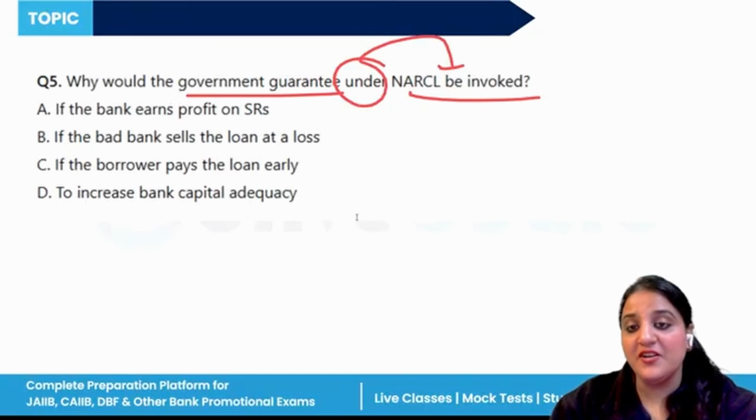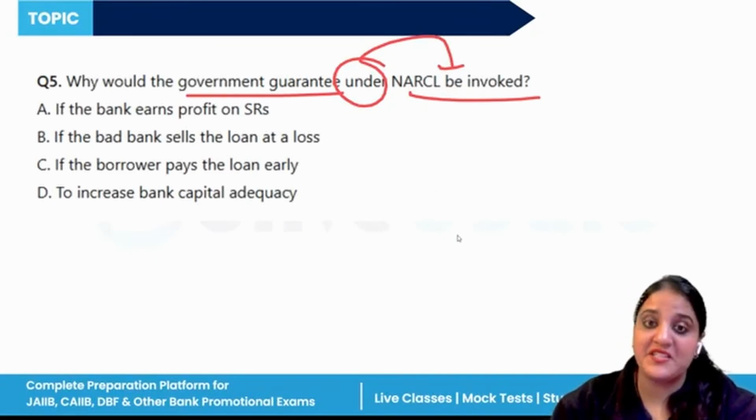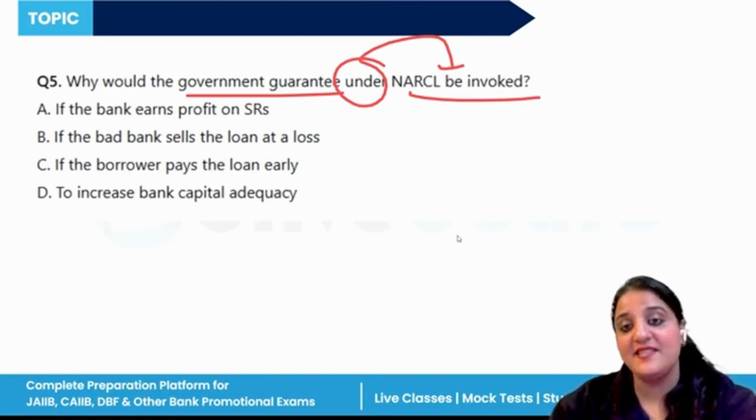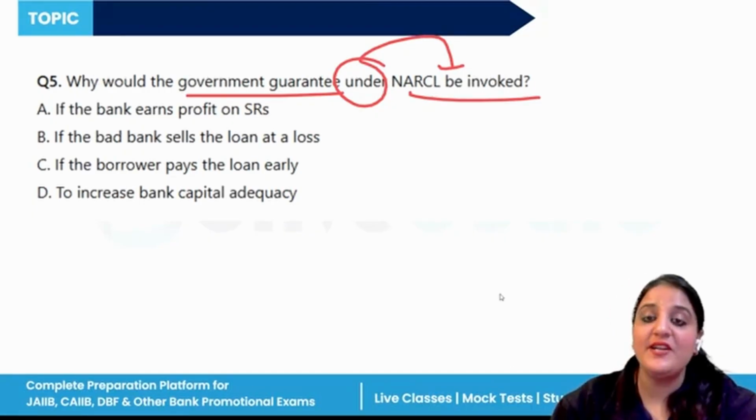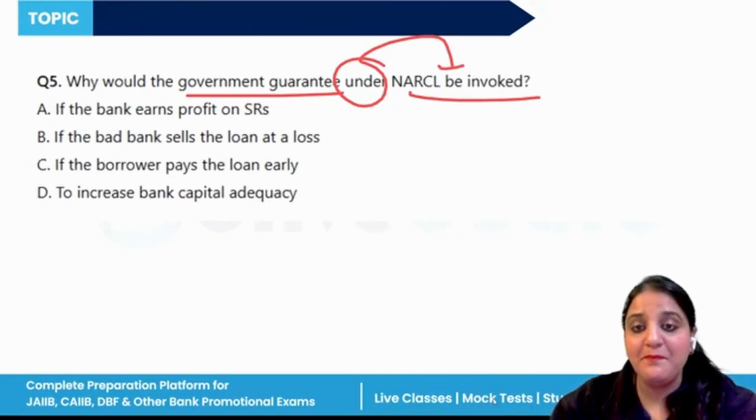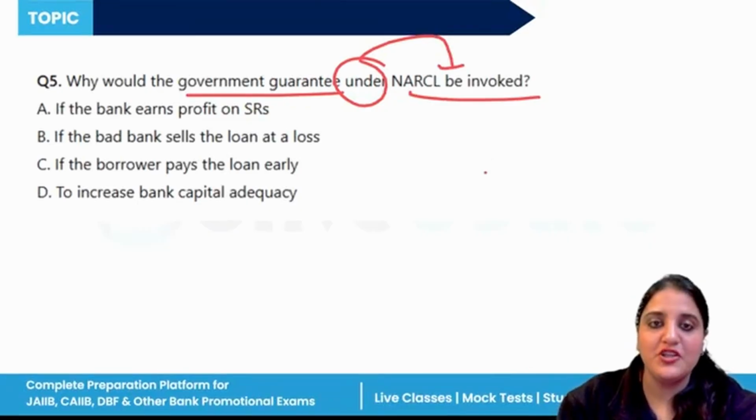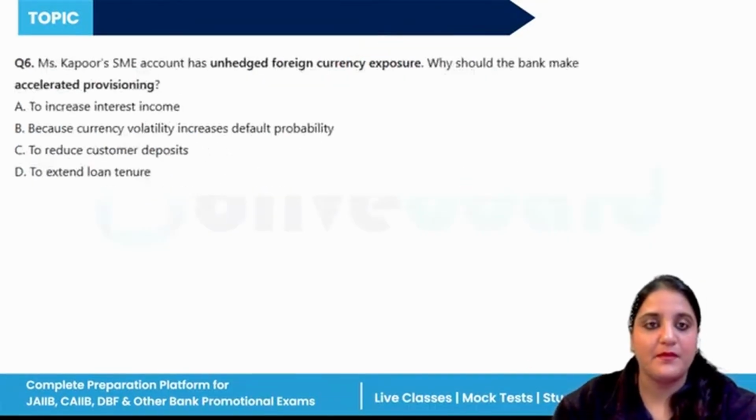Government guarantee covers the difference between what the commercial bank expects and what NARCL raises if the loan is sold at a loss. So if the bad bank sells the loan at a loss, that is when the government guarantee is invoked. So option B is correct.